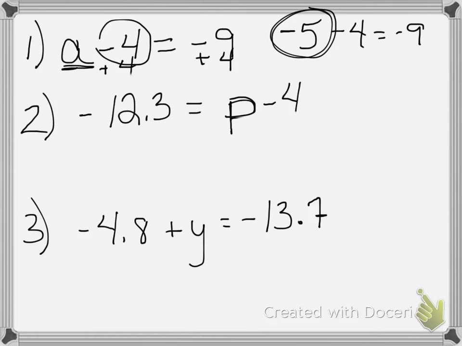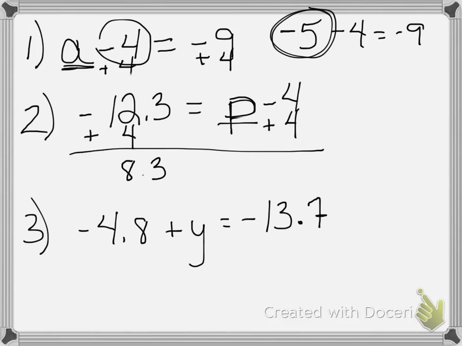Anyway, my goal is to get P by itself. So I have subtract 4, so I know I want to add 4 to both sides because -4 plus 4 is 0. So I'm going to add 4 over here. As I was saying, same sign, add and keep; different signs, I'm going to subtract. So 12.3 minus 4, I know, is 8.3.